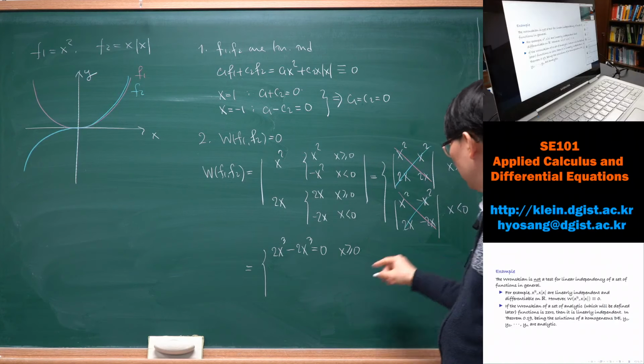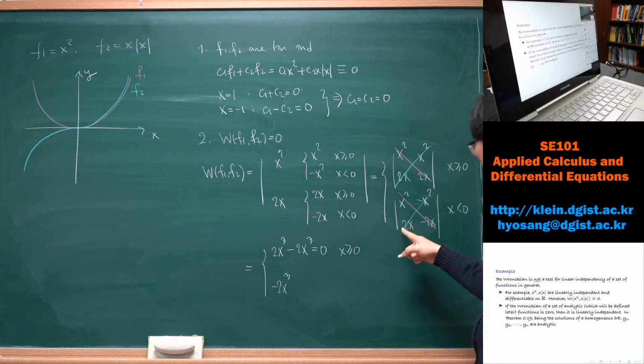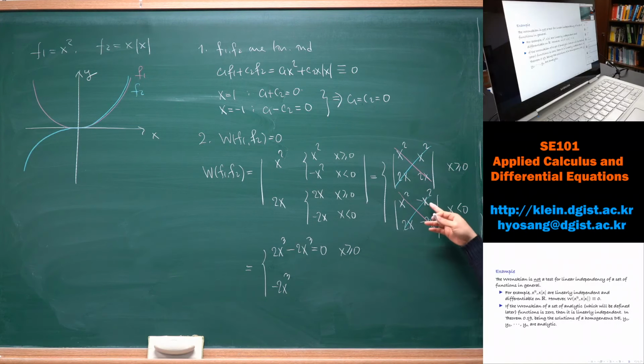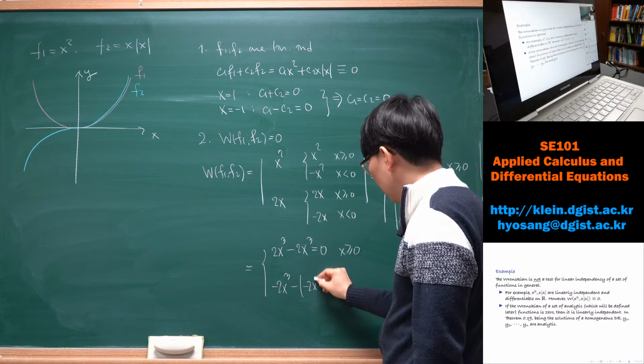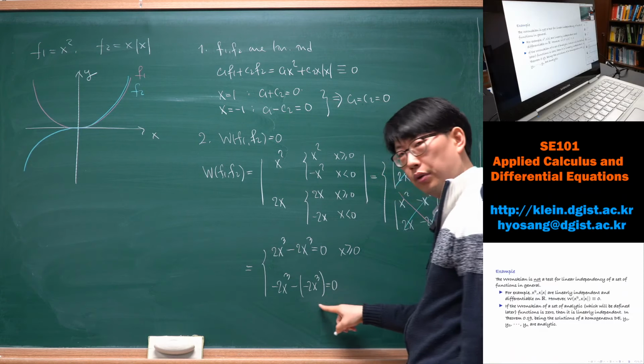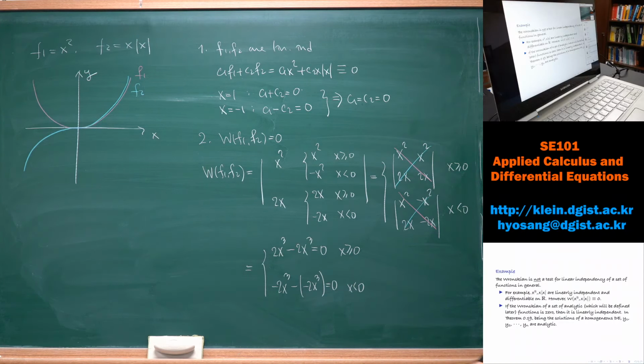In the second case, you have minus 2x cubed, and if you multiply these two entries, it's minus 2x cubed, and you subtract, so again minus of minus 2x cubed. So these are also 0. This is when x is less than 0. So regardless of whether x is positive or negative, it is always 0.